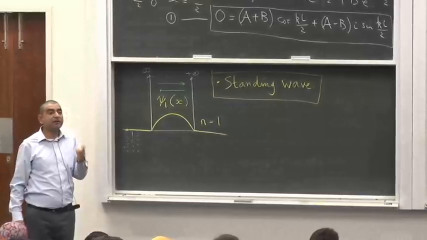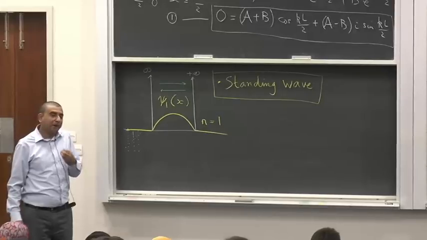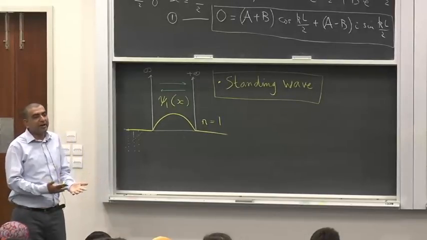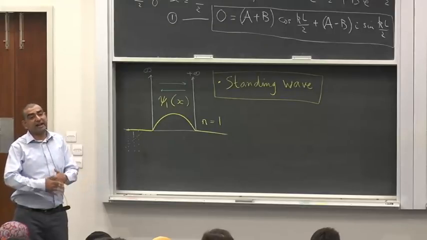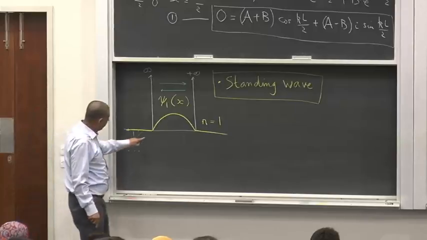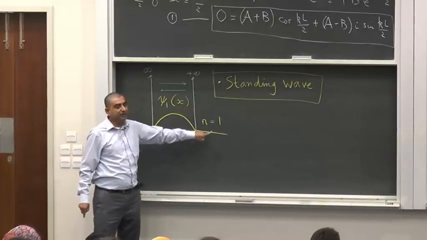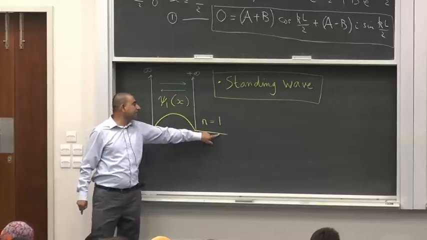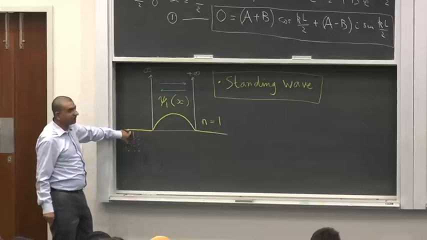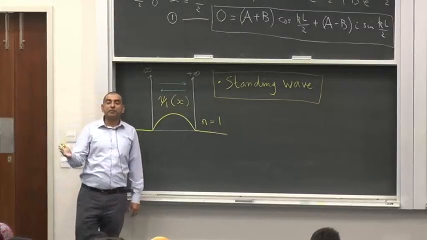I can, however, be slightly more modest and ask myself, if I were to perform an experiment and find out where the particle is located as an outcome, what is the probability that my particle is located here, here, here, anywhere inside X? Here I know that the particle cannot be found. This is the forbidden region. Here I know that the particle cannot be found. It's the forbidden region.